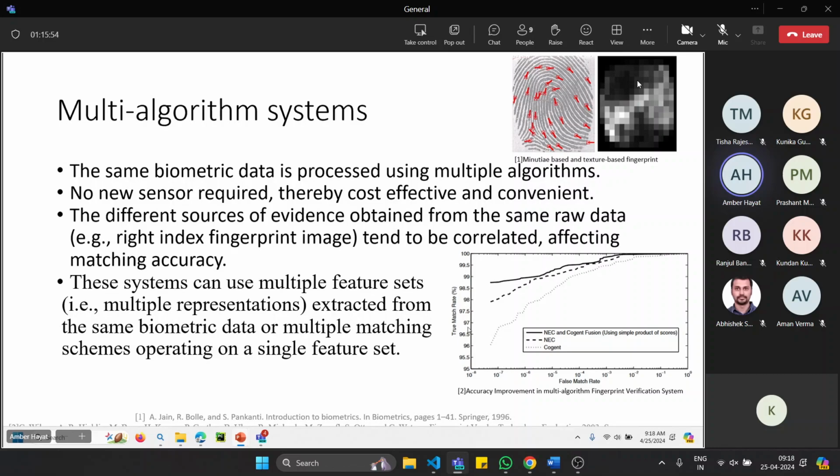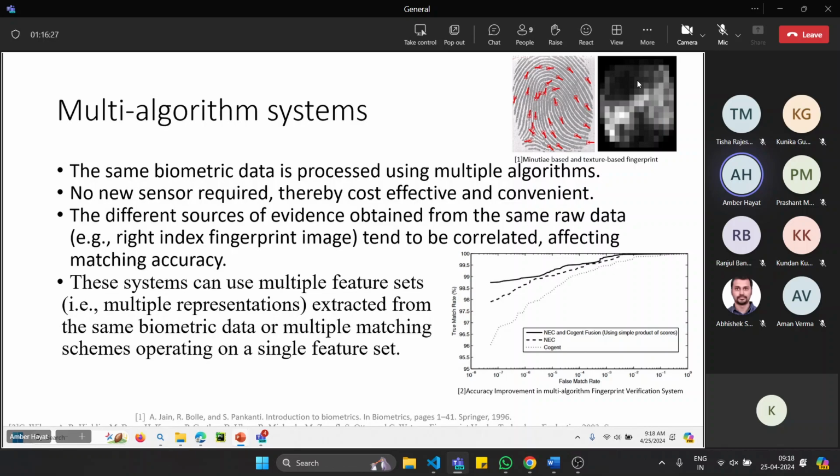In this graph, they have shown two algorithms, NEC and Cogent. When using one algorithm, this dotted line is the false match rate, using the other algorithm, the other dotted line is the false match rate, and when they combine the two, this is the result. The scores for the true match rate, or genuine rate as we call it, and the false match rate have been shown.